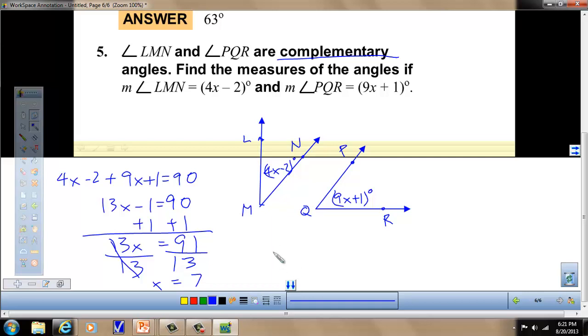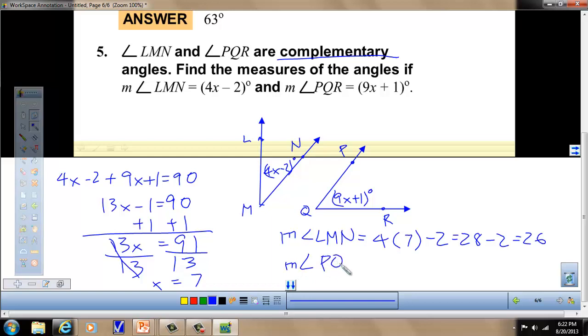That's not our answer, though. We want to know what the measures of the angles are. We start with LMN, which is 4 times 7 minus 2, or 28 minus 2, which is 26. For the second one, PQR, we get 9 times 7.